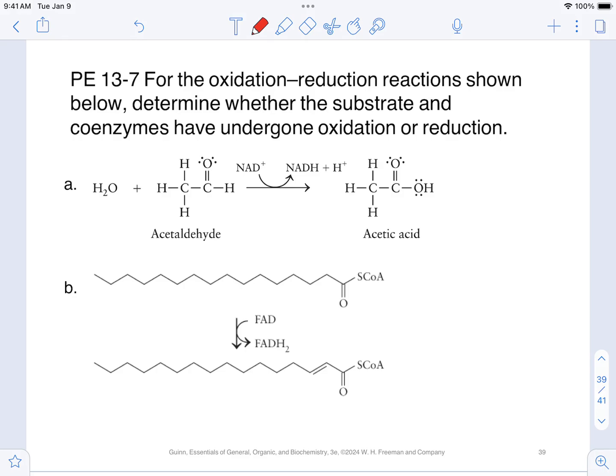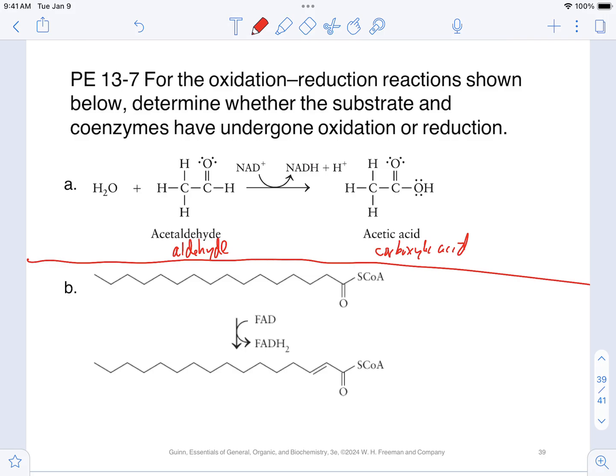For the oxidation-reduction reaction shown below, determine whether the substrate and the coenzymes have undergone oxidation or reduction. Let's look at A first. Acetaldehyde, that is our aldehyde, and it's turning into a carboxylic acid.